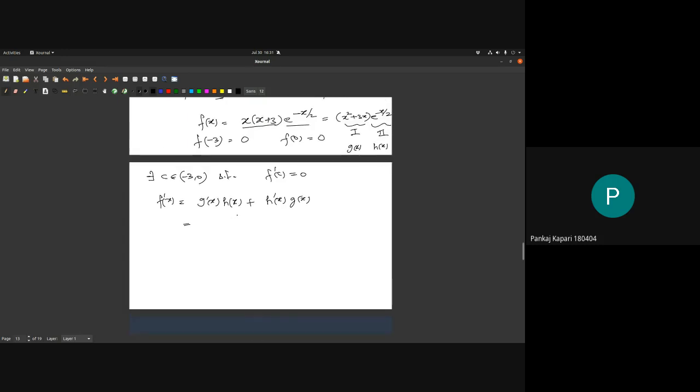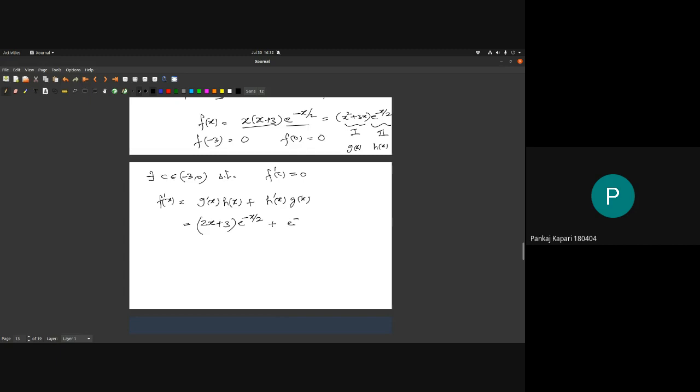Now g(x) is just a polynomial, x square plus 3x. Its derivative is 2x plus 3, and you have e to the power minus x by 2, plus the derivative of the second function h(x). This is the exponential function, and we can again apply the chain rule, because the derivative of e to the power x is the same as e to the power x.